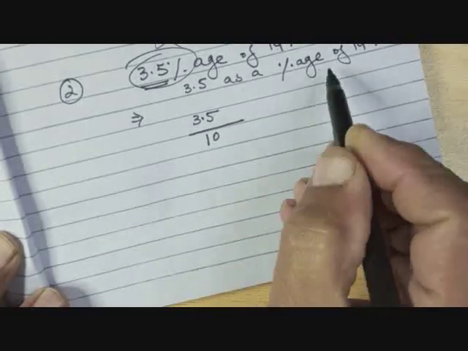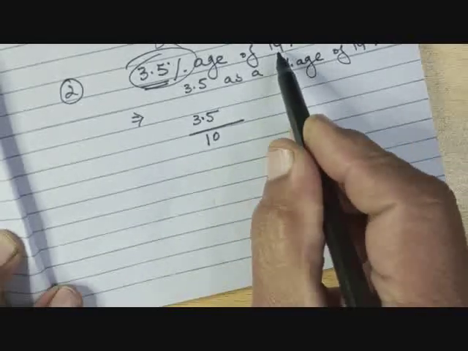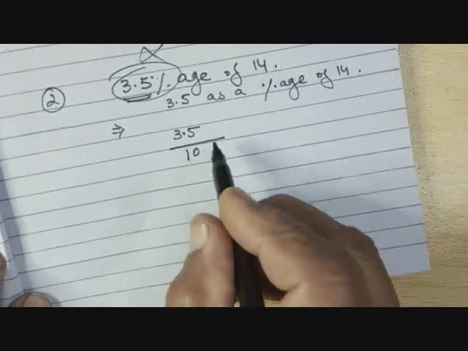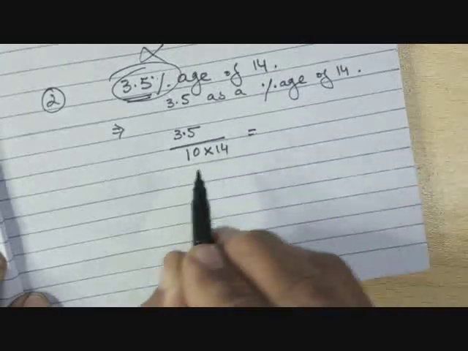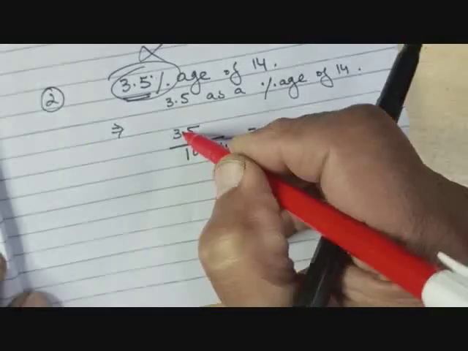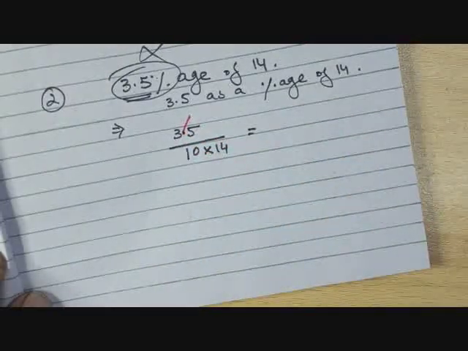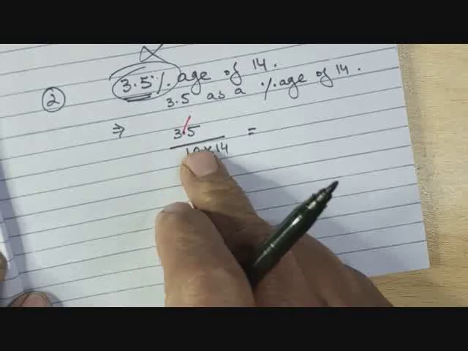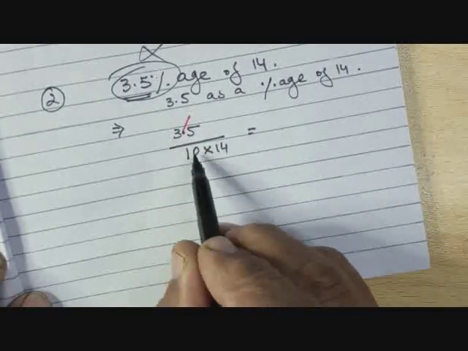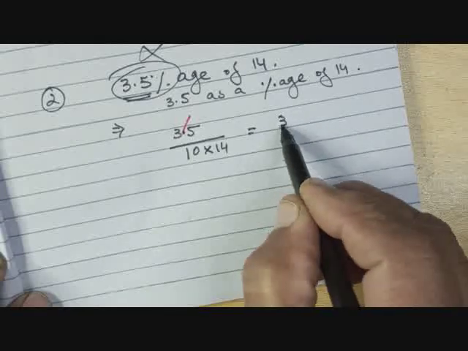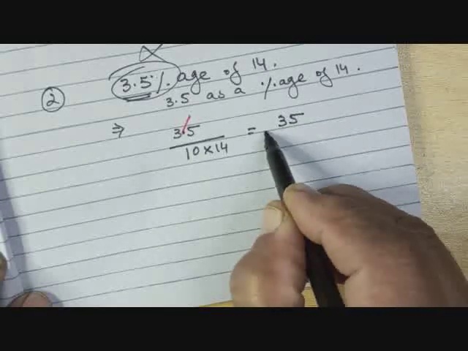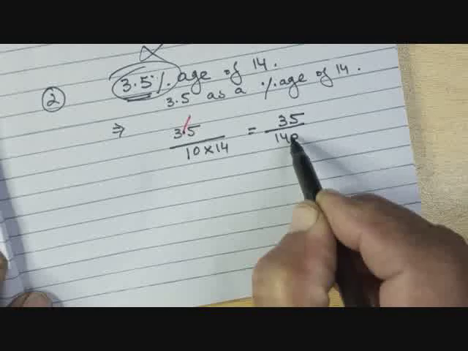You know that there is also 14 over there, so we'll multiply it with 14. After removing the point, by virtue of this 10, it will become 35 divided by 140.